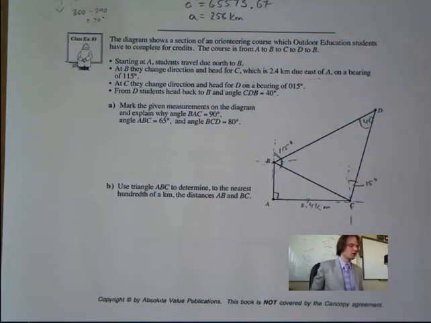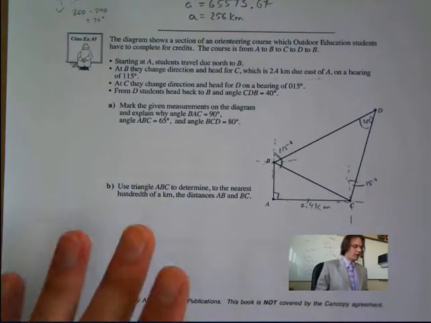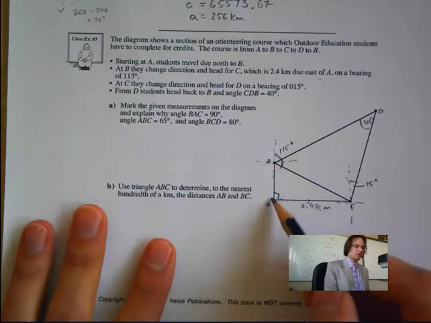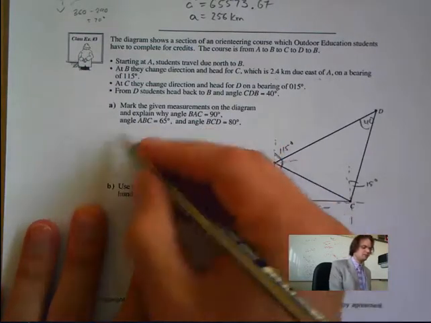And the first one says, mark the given measurements on the diagram. Explain why angle BAC is 90 degrees and why angle ABC is 65 and angle BCD is 80. Alright, so BAC is 90 degrees. That's the simplest one because this is due north and due east.